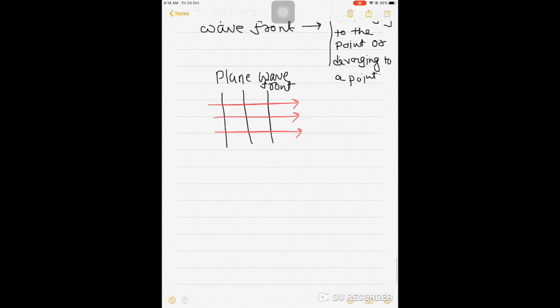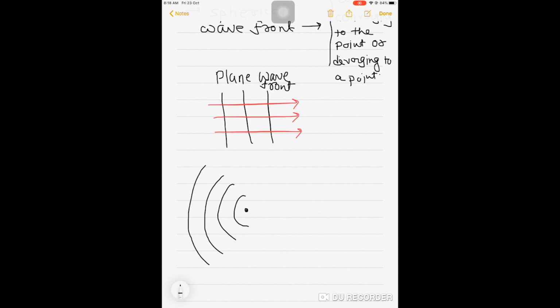And in the same way, if our source is a point source, then the wavefront can either be converging or diverging like this.